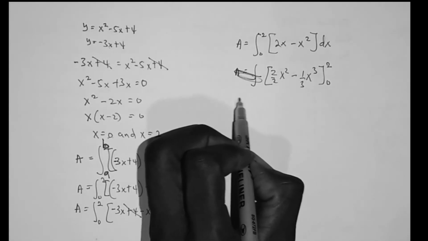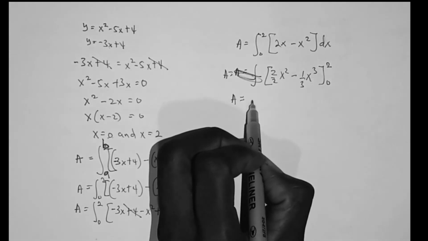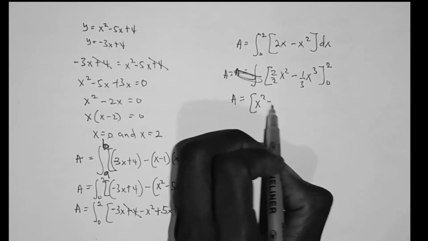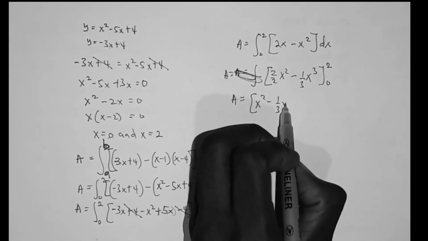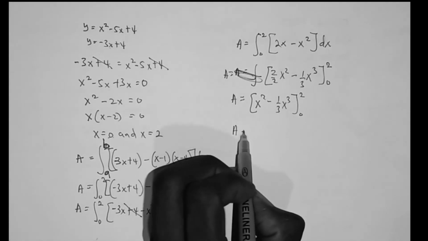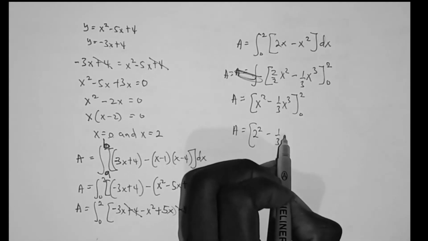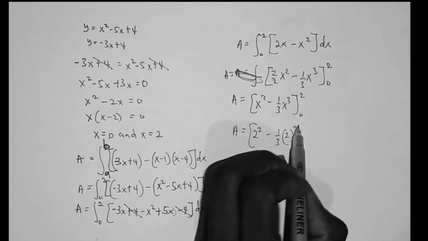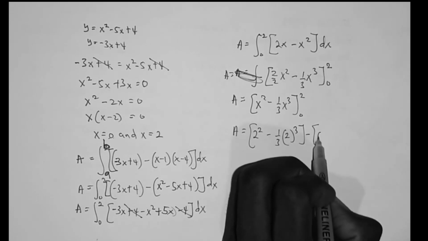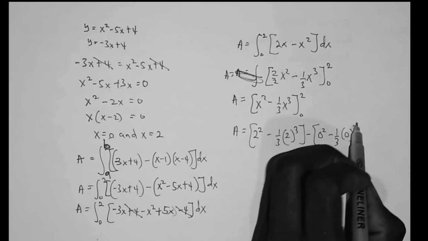So 2 over 2 is x, so area is equal to x squared minus 1 over 3 x exponent 3 evaluated at 0 and 2. So A is equal to 2 exponent 2 minus 1 over 3 times 2 exponent 3, then minus into bracket 0 squared minus 1 over 3 times 0 exponent 3.